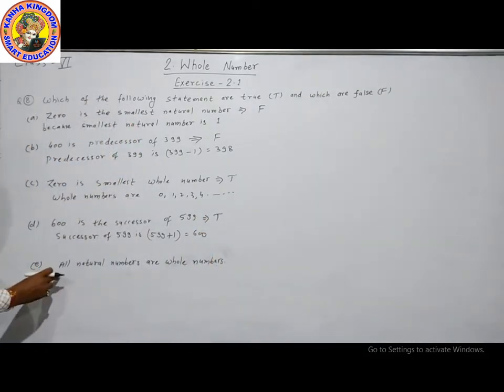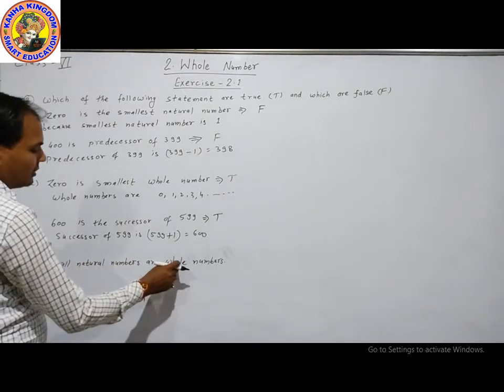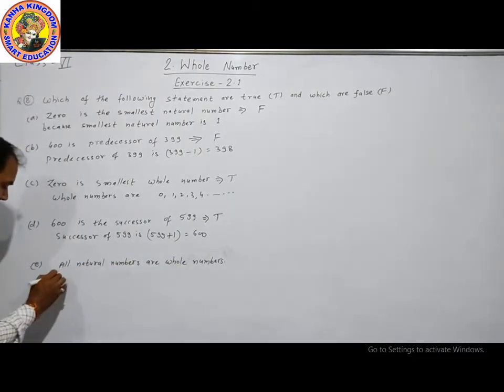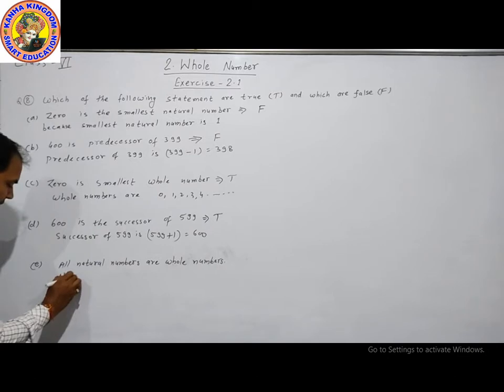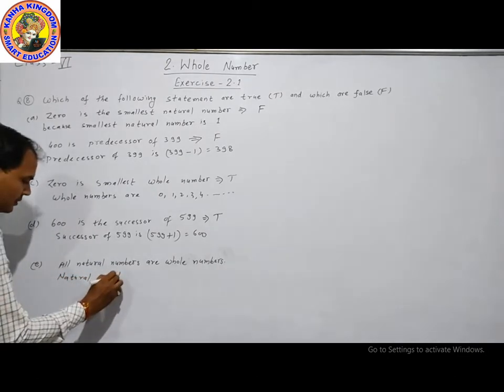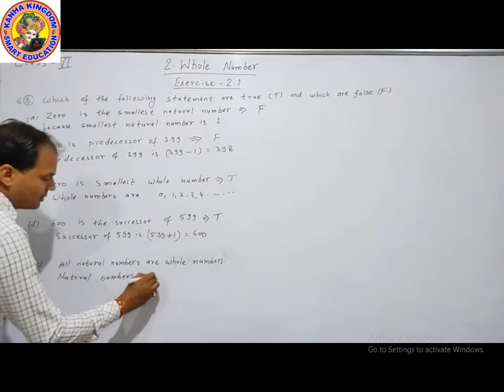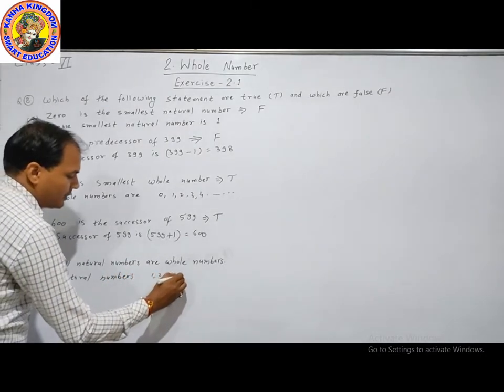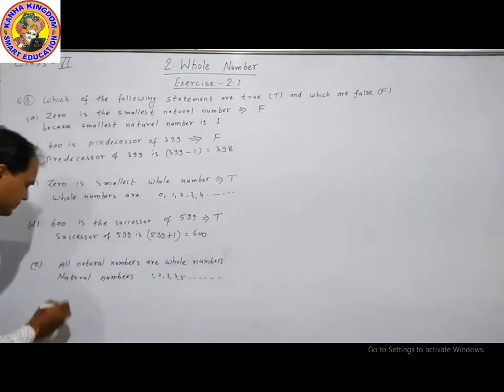E. All natural numbers are whole numbers. First of all, natural numbers are 1, 2, 3, 4, 5 and so on.